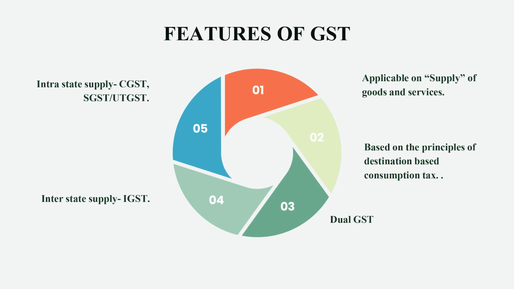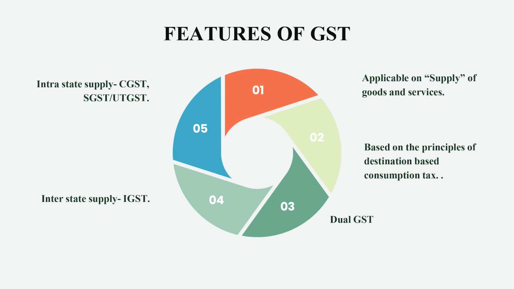The next feature is dual tax. In India there is a central government and a state government for each state. Under GST, the income earned through GST is shared between the central government and the state government in equal proportion.